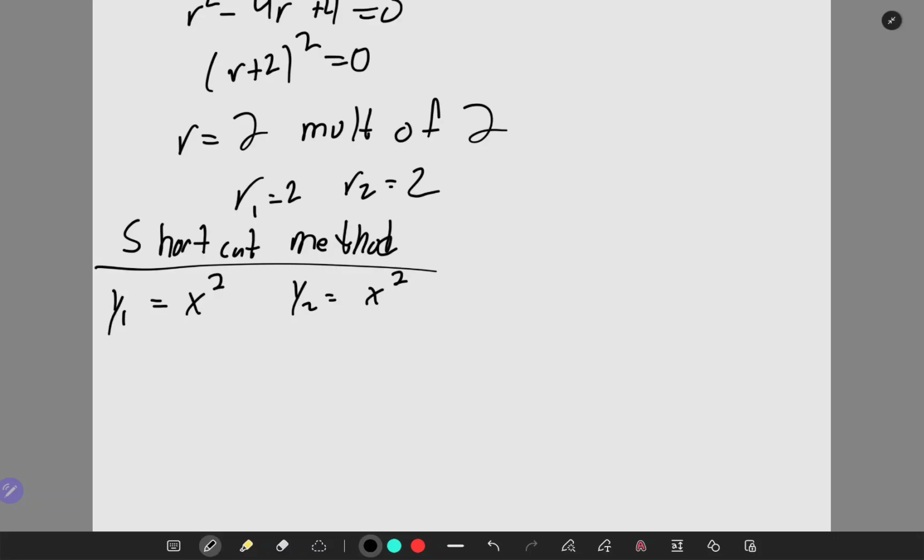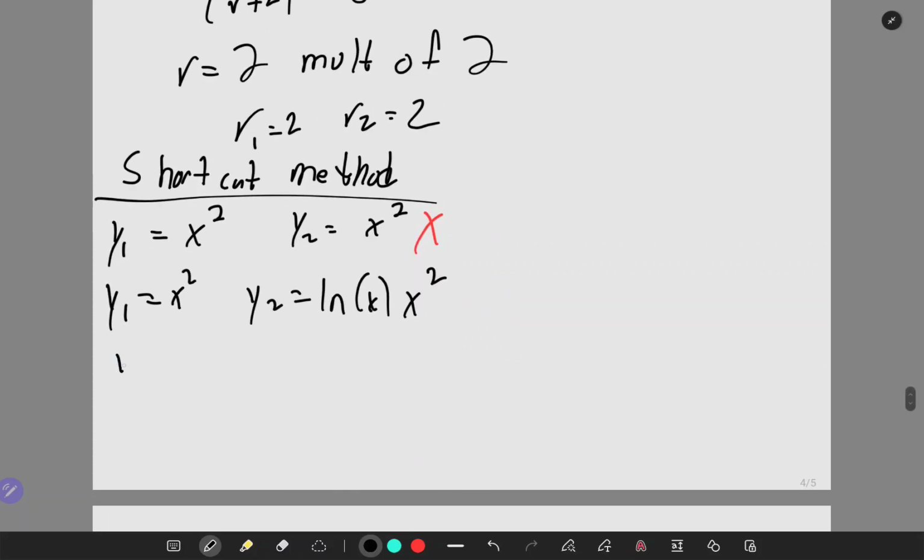For the shortcut method, on y1 or y2, whichever one you want, all you're going to do is shove an ln of x next to the x squared. So this is the shortcut method, and our general solution would look like c1 x squared plus c2 x squared ln of x, and that's our general solution.